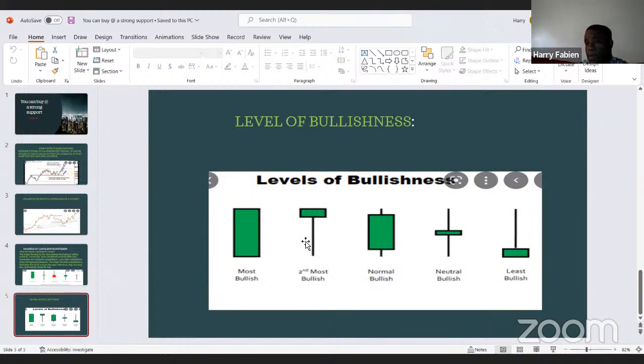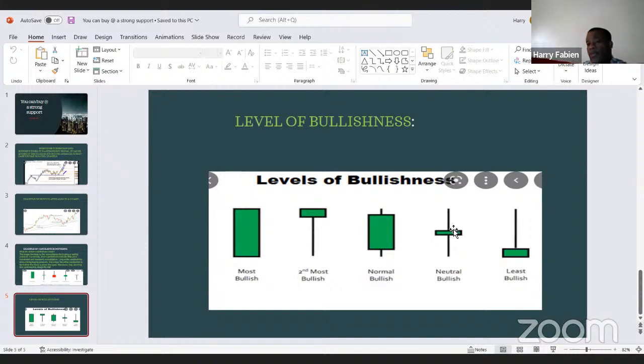We can call that a pin bar. It's a big buying signal. And this one is a normal bullish. See, the bottom of the head is not completely filled, so we call this normal bullish. That one is also called a neutral bullish. That means it has a small body.